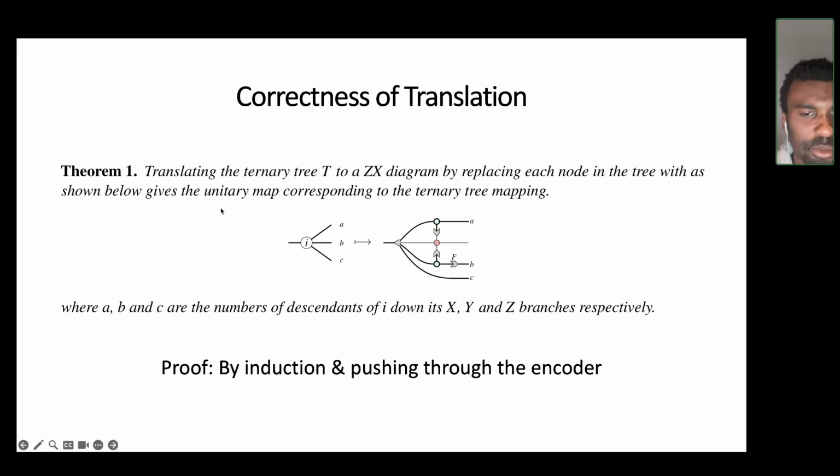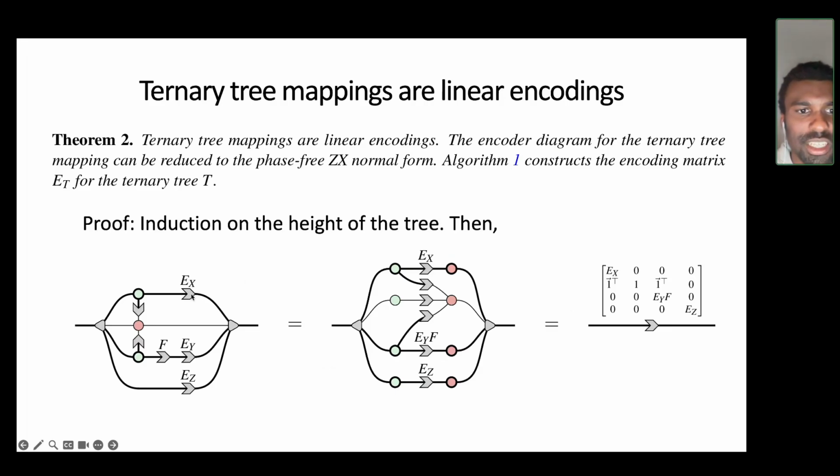It's the main theorem of the paper. Essentially, if you start at the top of the tree, you consider the subtrees down the X, Y, and Z branches, and down each of these subtrees you can massage this diagram to get it to look like it's in matrix form already, and then read off the matrix.